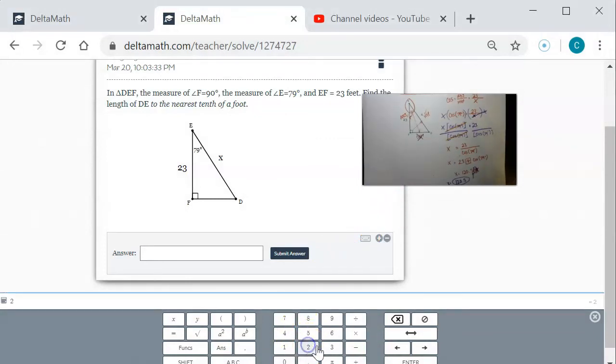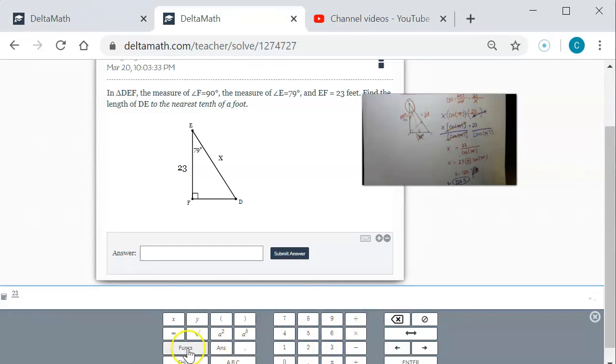So I'm just going to type that. 2, 3 divided by. Then I come over here to my functions button, click functions. I go find cosine, click. And look how it's putting it over here for us. I'm going to click back to get my numbers again. And the angle was 79.